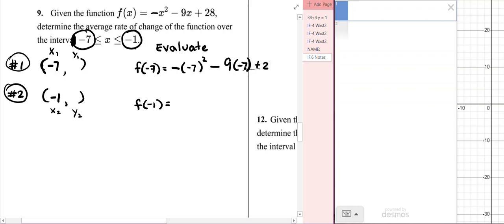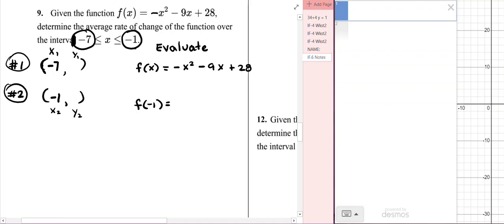Let me try this again. I have to delete this because I'm not one for editing the videos. Since this is the first one that we're doing, I'm going to write the equation. So f of x is negative x squared minus 9x plus 28.